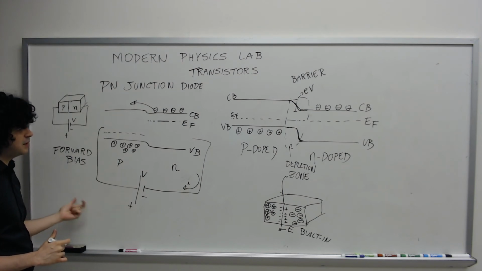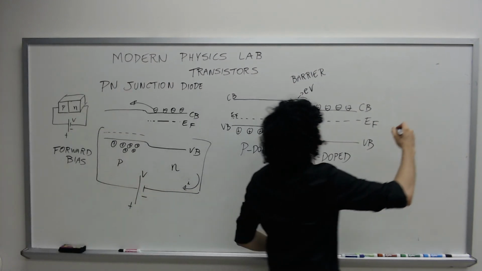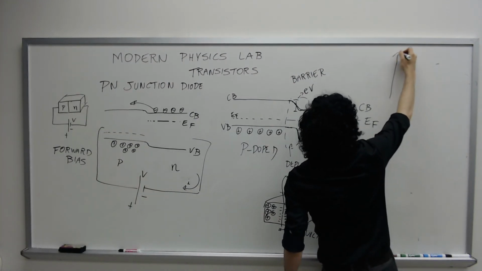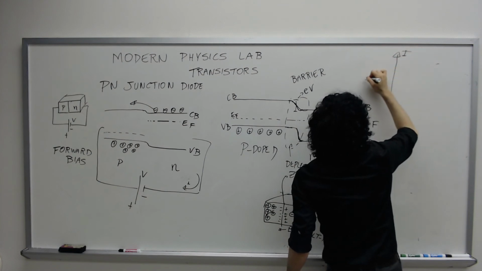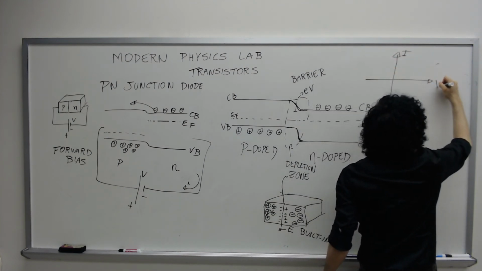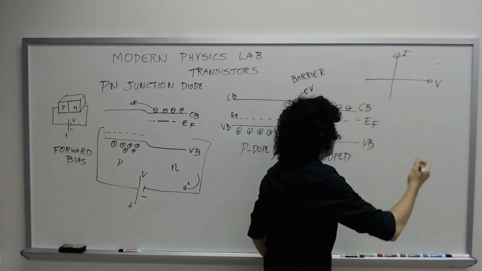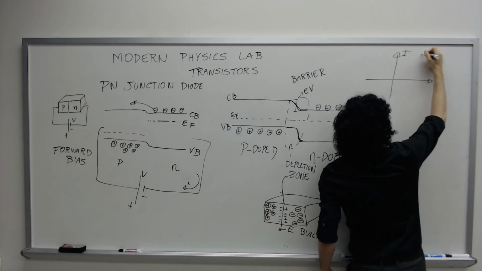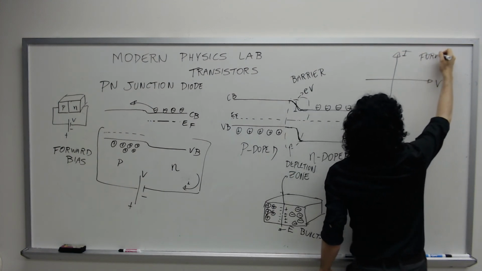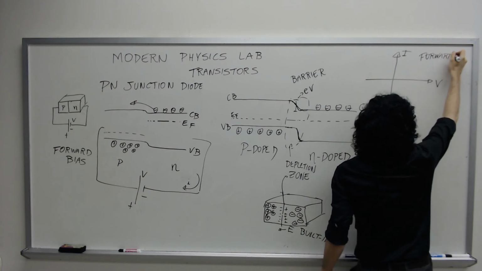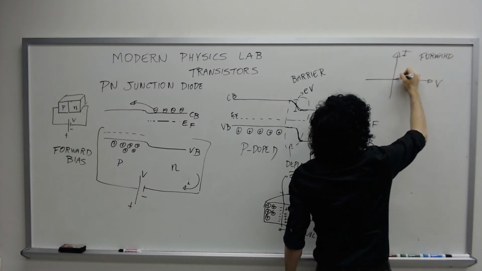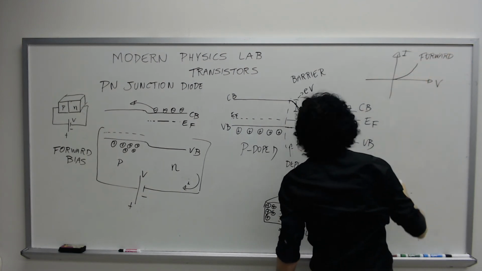So if you look at the current I versus voltage of this device, in the forward bias configuration, the current grows exponentially with the applied voltage.